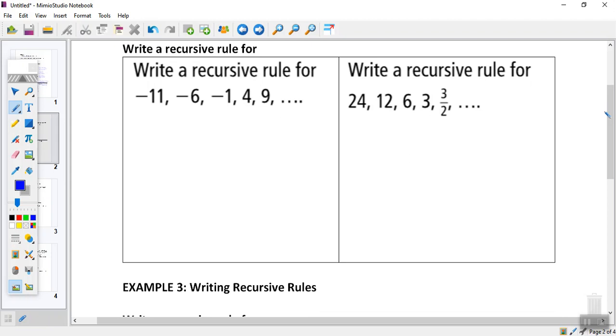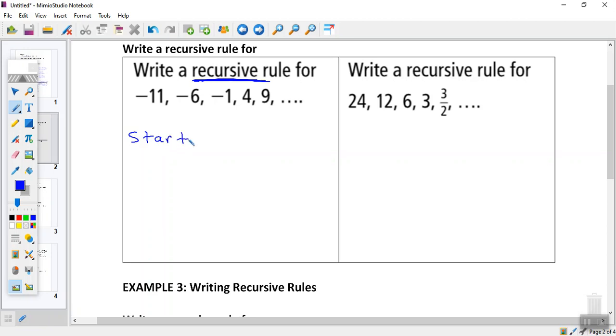Okay. So I got to write a recursive rule. Okay, this word right here, kids, means something. It says write a recursive rule. So I've got to have a certain number of parts. How many parts? Gotta have a start. Where am I starting? Okay.